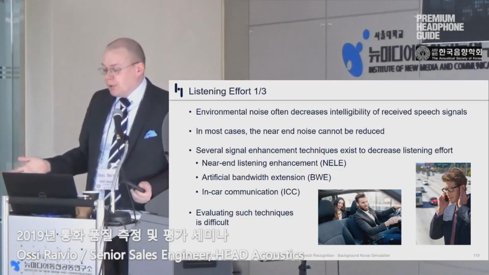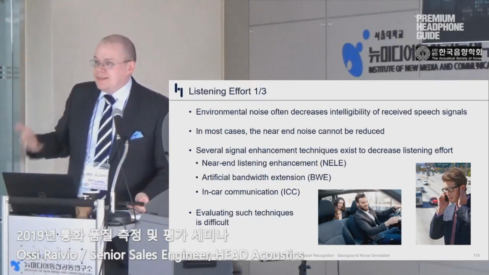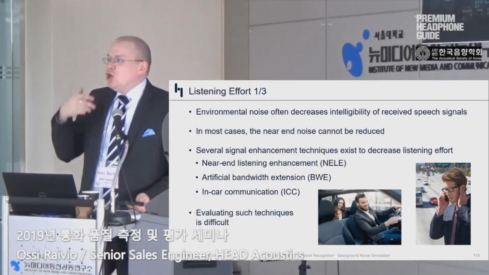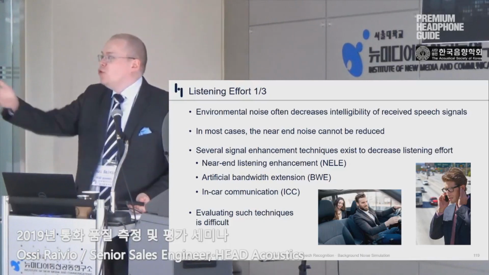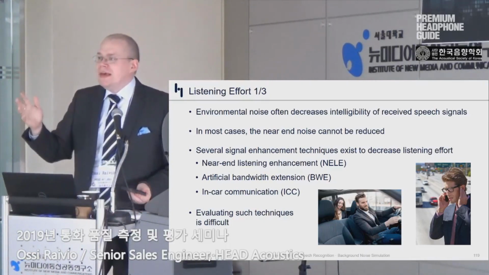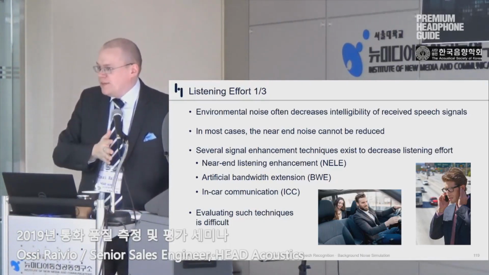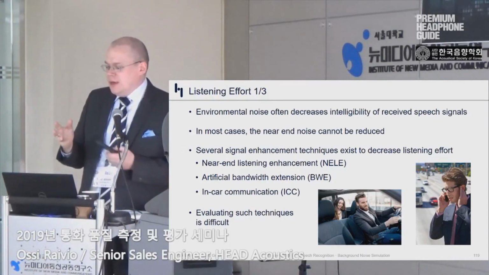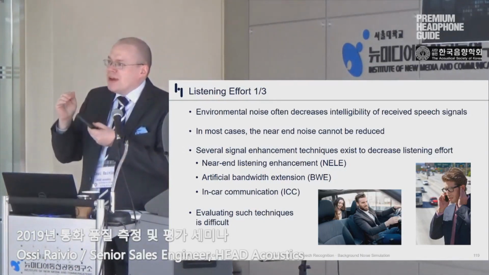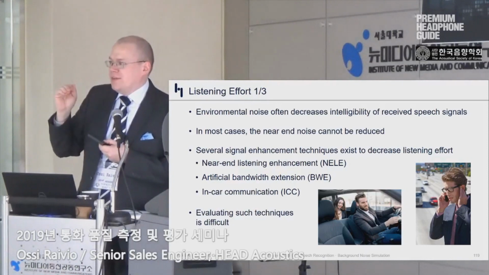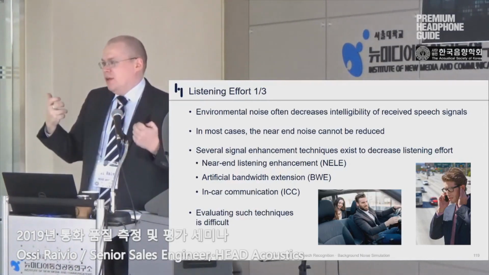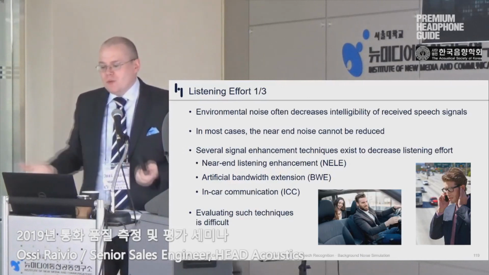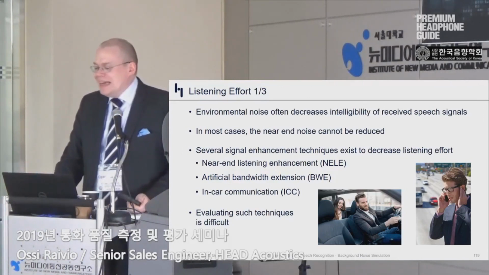That's a very simple near-end listening enhancement. You can also do spectral shaping, because you know that the background noise is typically low frequency. So what you can do is you could increase the mid frequencies in the speech, trying to separate it from the background noise. So this is one way of so-called near-end listening enhancement.